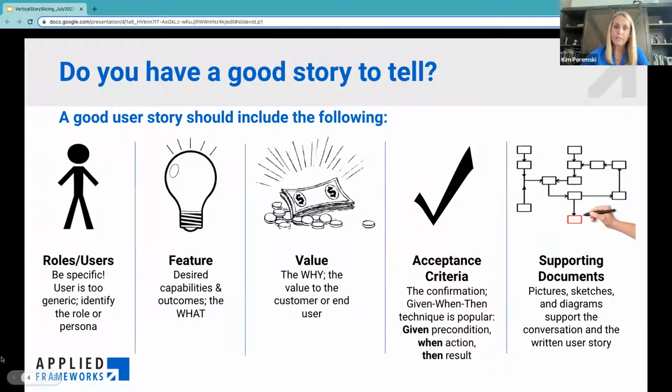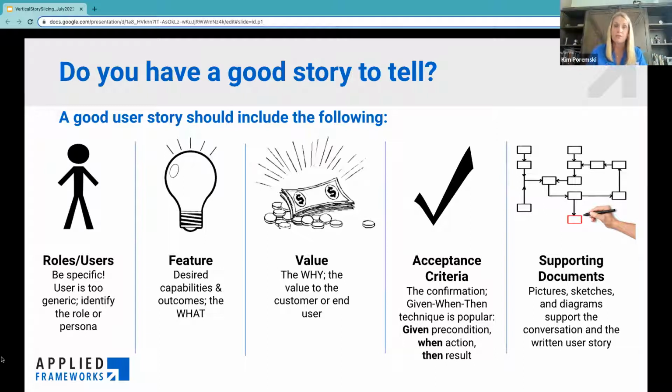When you're talking about a good user story, you want to think about who this is actually intended for. Who is receiving that value? One of the things that I often see is, "As a user, I would like this feature or functionality." Well, if that's too generic, it's going to make it harder for us to pinpoint and be more focused in what we're trying to deliver.